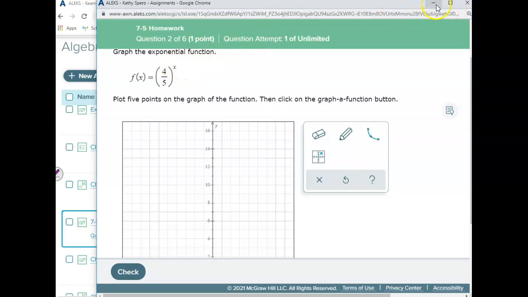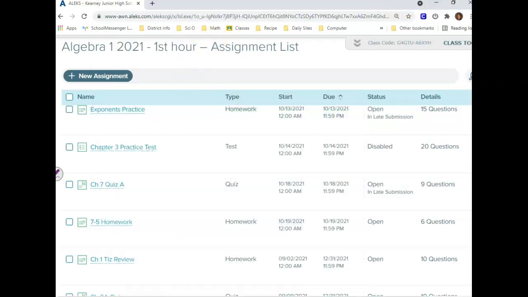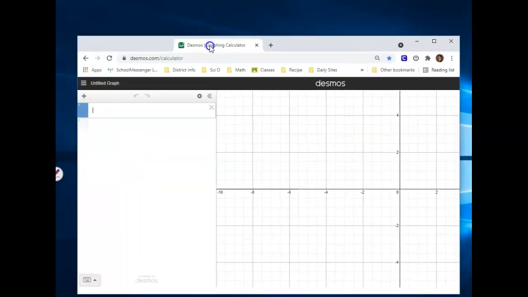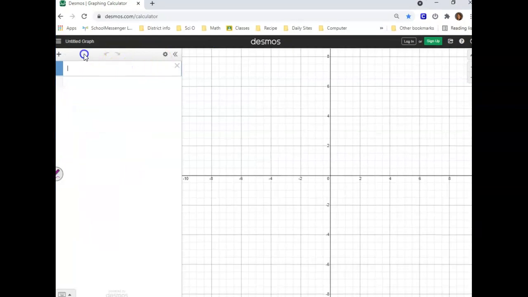So I'm going to reduce this, go to my Desmos graphing calculator, move him over, and I'm going to make a table. And this needs to be 4/5.